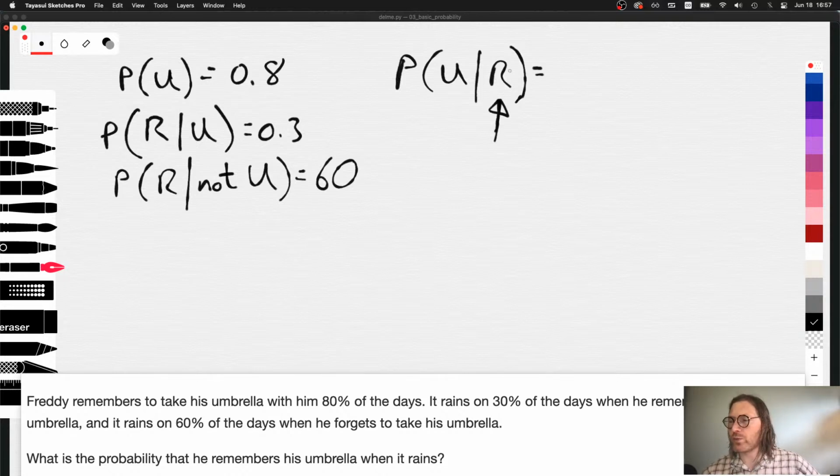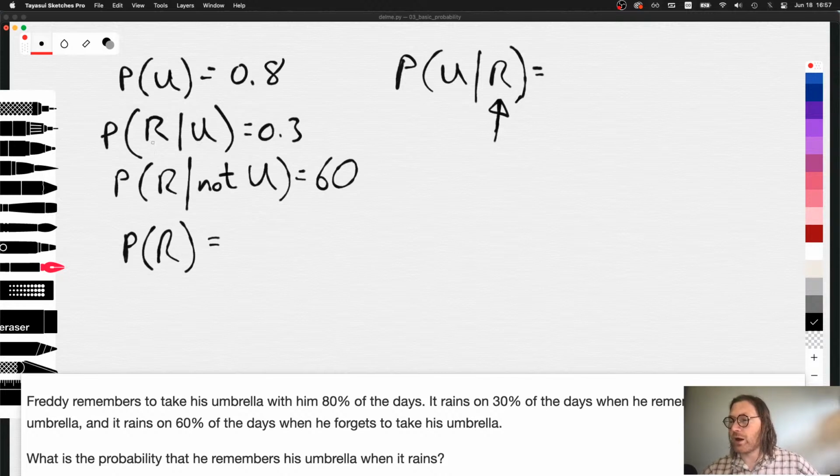And so when we're building our total probability in relation to this type of question, that's what we're considering. We're trying to figure out the probability of rain. And the question is, can we do that from the information we have here? It turns out we can, but we need to fill in some more information.